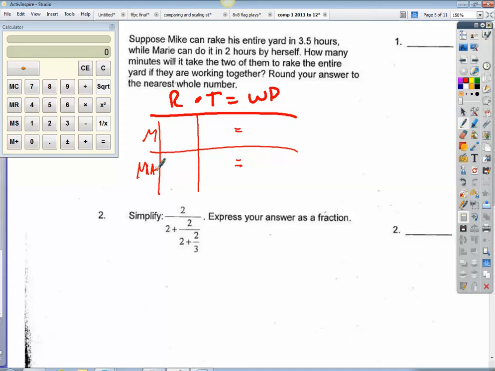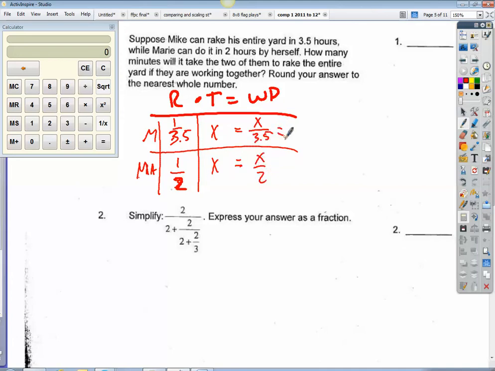So the work rate for Mike is going to be 1 over 3.5 hours, right? Marie, 1 over 2. The time is going to be the same because they're working together. And since rate times time equals work done, we know that it's x over 3.5, and here it's going to be x over 2.